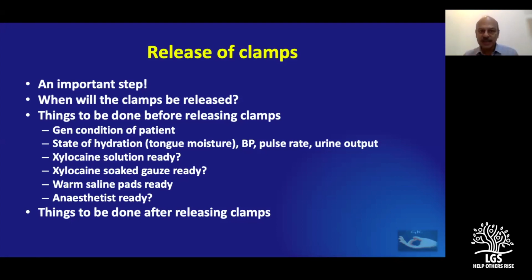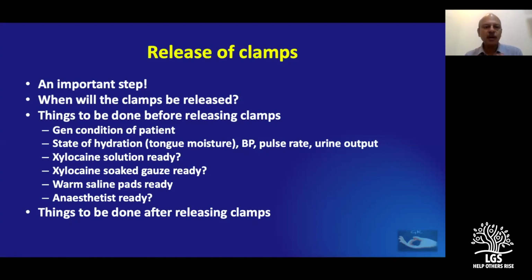So when you release the clamps, this lactic acid and other toxic metabolites are brought into the circulation, which wasn't there earlier. So this can cause a sudden fall in the blood pressure, and patient may go into shock, especially when you're doing a replantation at the level of the proximal forearm. This can happen very much.